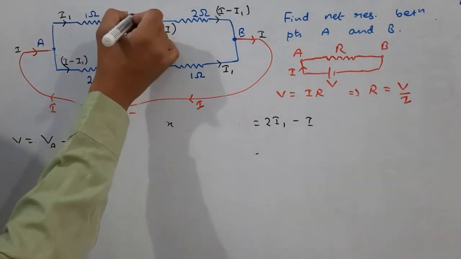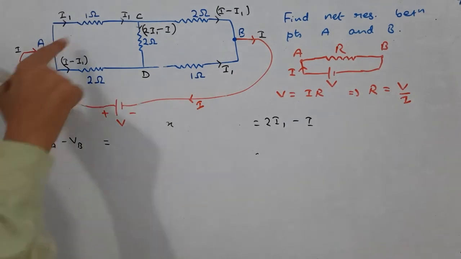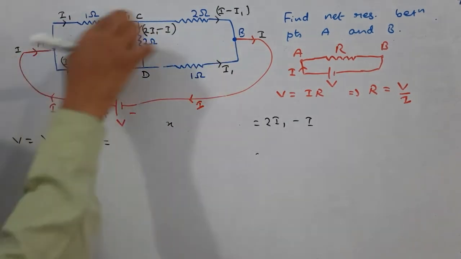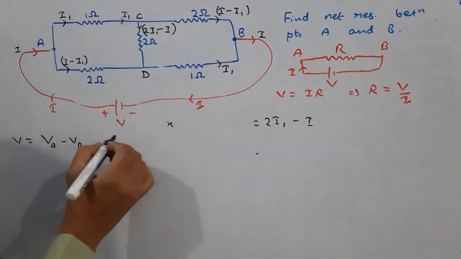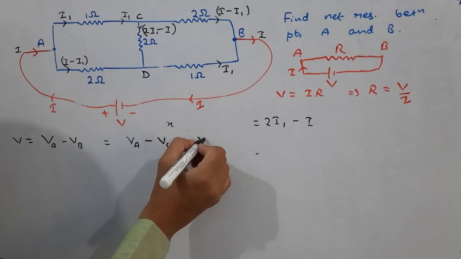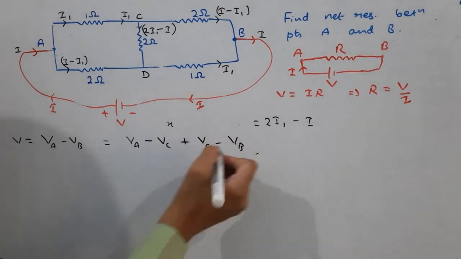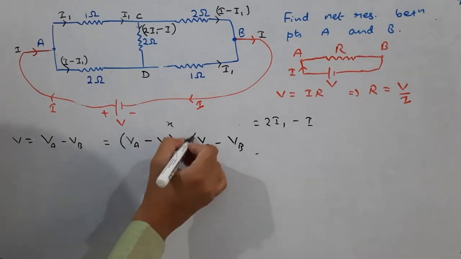So let me name some points like C and D. Now VA minus VB, this potential difference will be this potential difference plus this potential difference. So I can write it like this: VA minus VC plus VC minus VB. You can see VC will cancel, we will be left with VA minus VB.